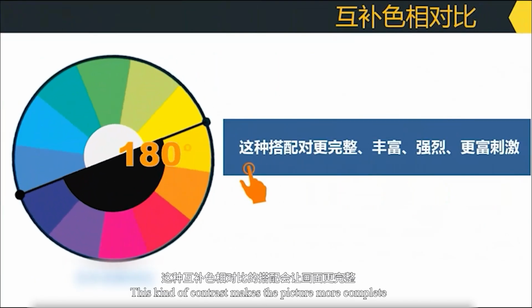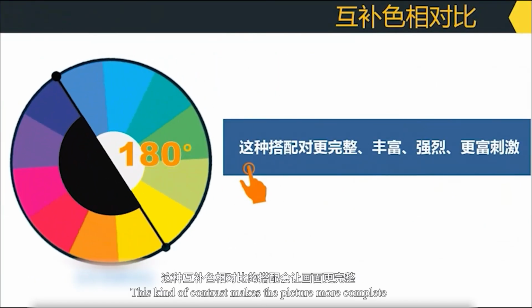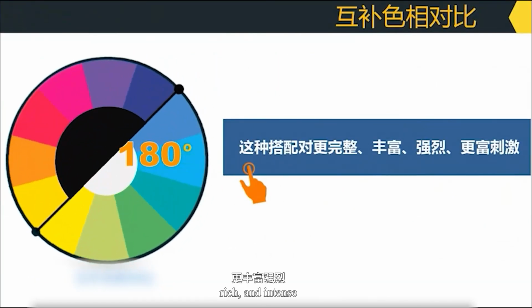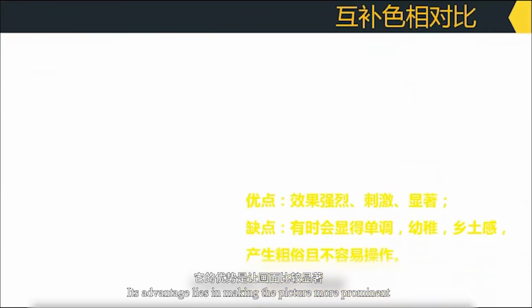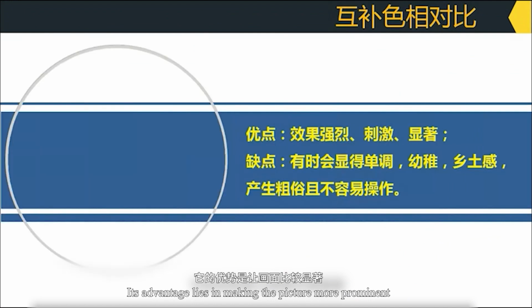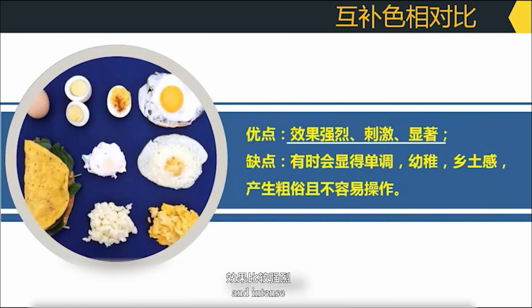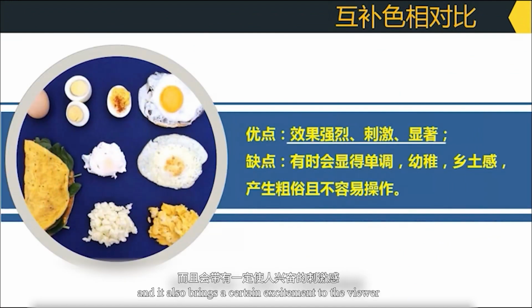This kind of contrast makes the picture more complete, rich, and intense, giving it a stimulating sensation. Its advantage lies in making the picture more prominent and intense, and it also brings a certain excitement to the viewer.